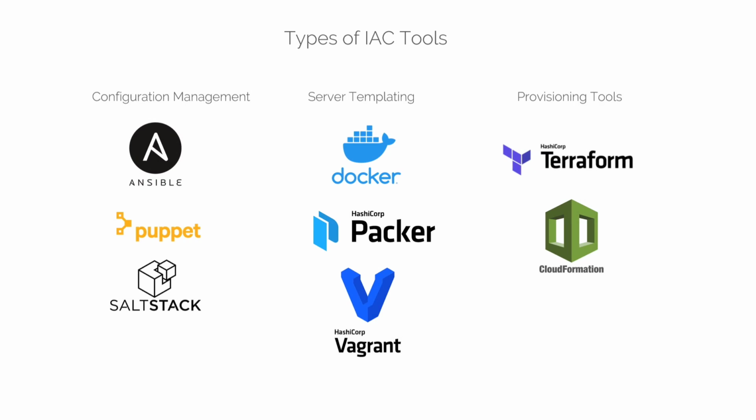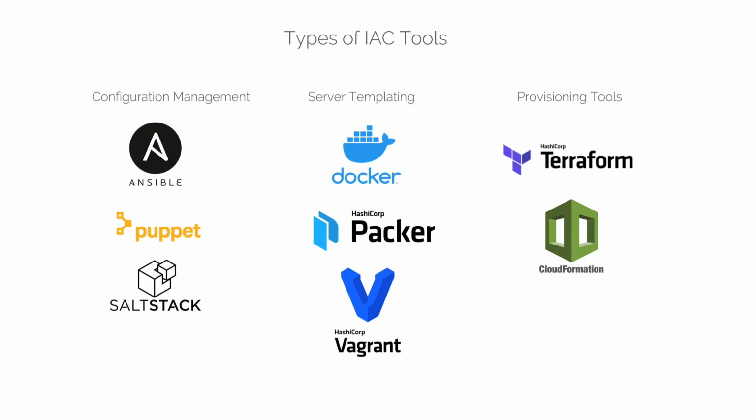Configuration management: Ansible, Puppet, SaltStack fall into this category. Tools used for server templating: Docker, Packer, and Vagrant fall into this category. And finally, we have infrastructure provisioning tools such as Terraform and CloudFormation. Let's look at these in a bit more detail.